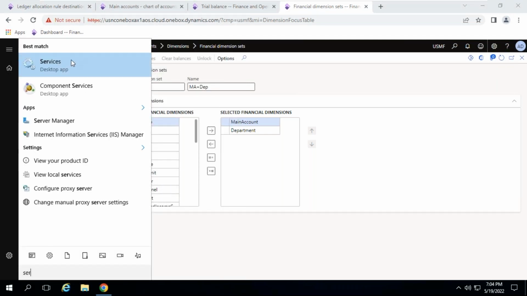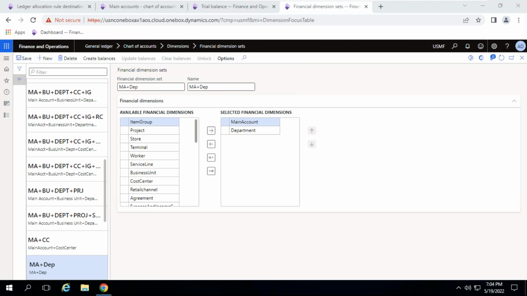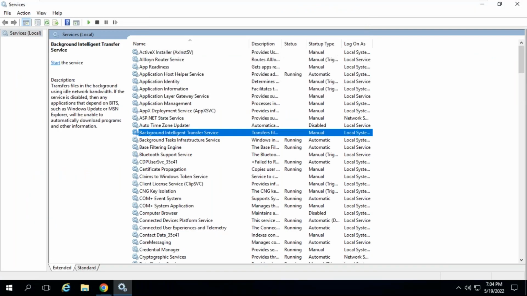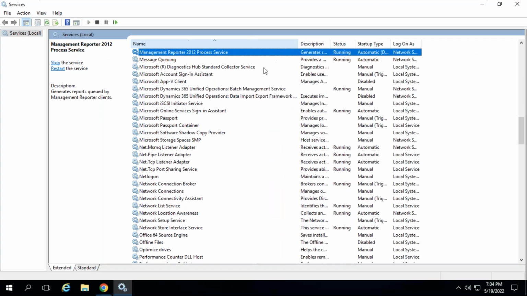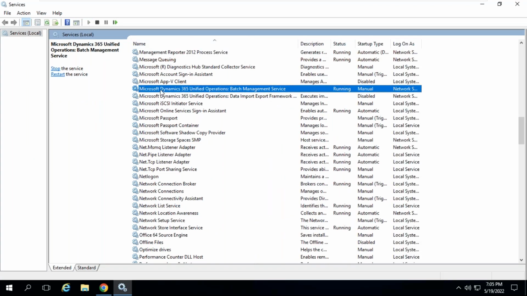Services.msc. Here, one Microsoft batch job is executing. Microsoft Dynamics 365 Unified Operations Batch Management Service. This should be running.